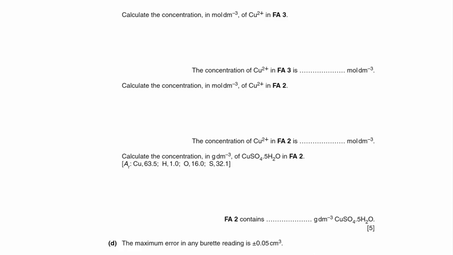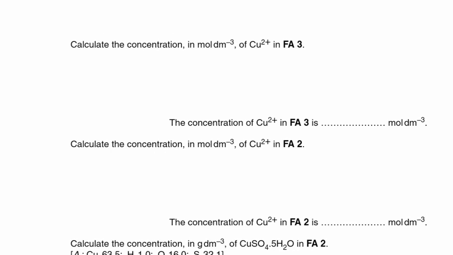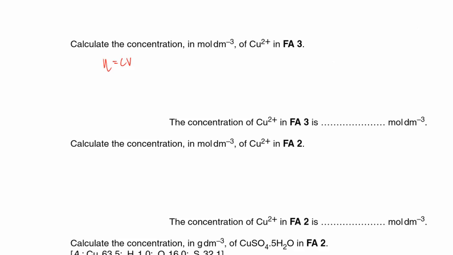Now, hence they want me to find the concentration of FA3. So number of moles equals CV. Number of moles, I'll go back, was 3.7125 into 10 to the power minus 3. And the volume is 25 cm cube because they came from a pipette.